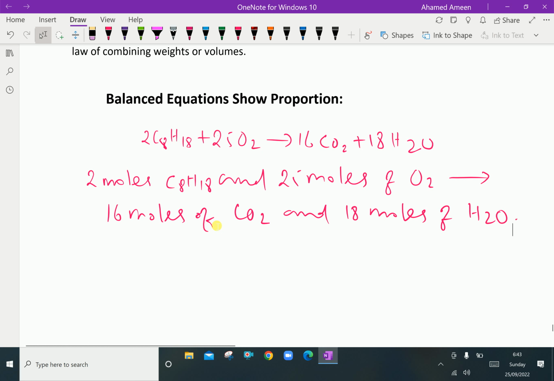That means by adding 2 moles of C8H18 and 25 moles of O2, we get 16 moles of carbon dioxide and 18 moles of water. Here the equation shows this mole combination.